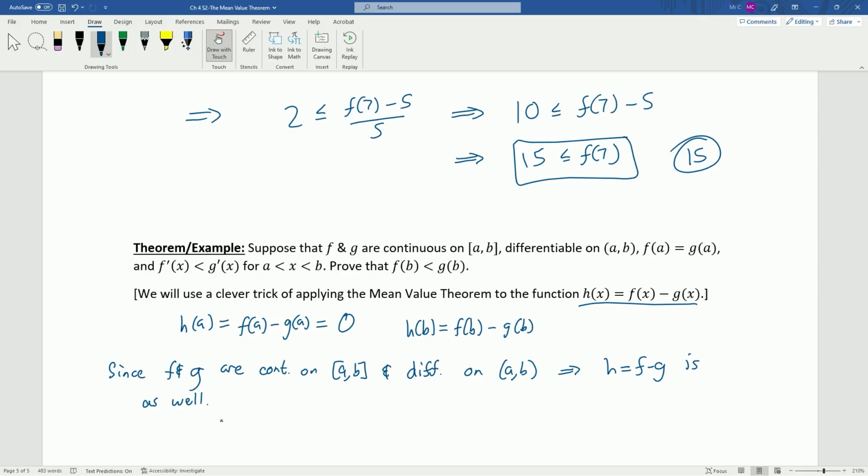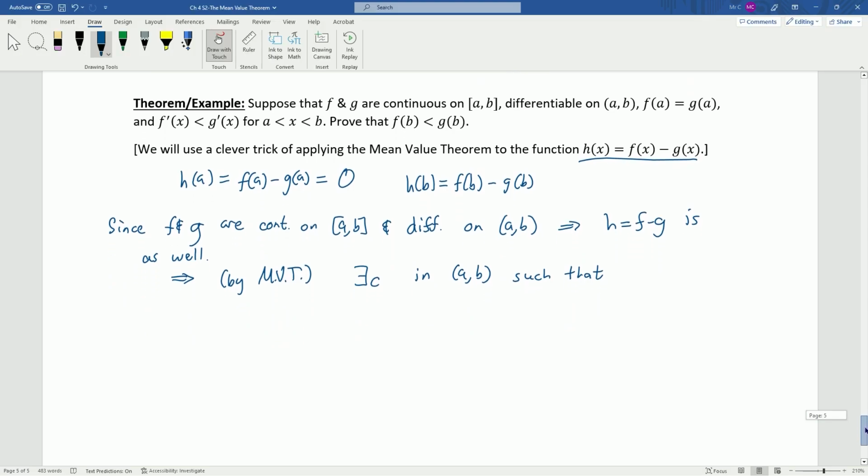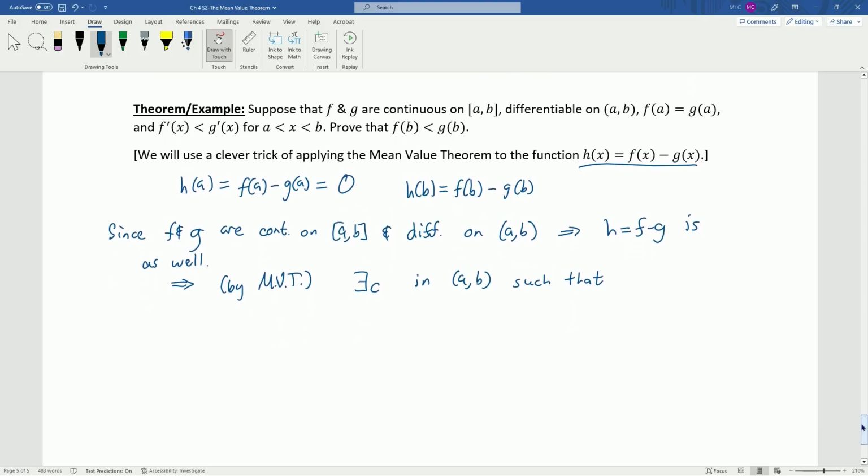So h is continuous and differentiable, and then that implies, by the mean value theorem, that there exists a c in the interval from a to b, such that h prime of c is equal to h of b minus h of a divided by b minus a.